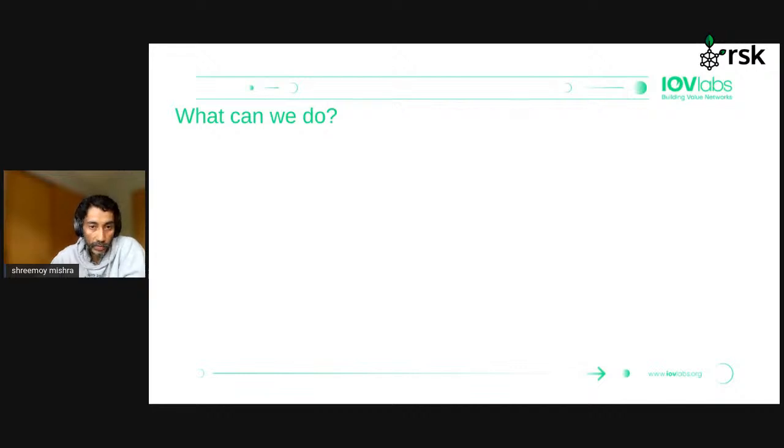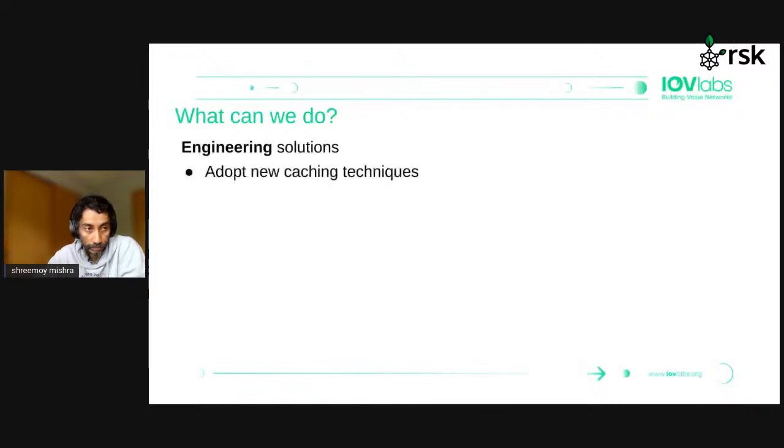So what are some ways to avoid this future? The first approaches are purely engineering approaches: smarter ways of caching the data, smarter caches, new schemes of prioritizing which bits of state to keep in memory.